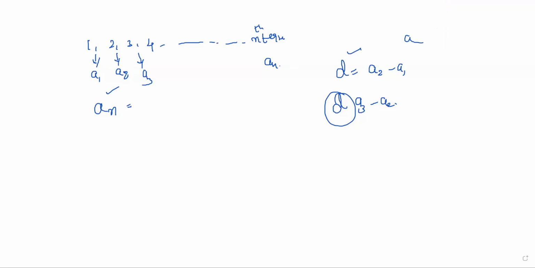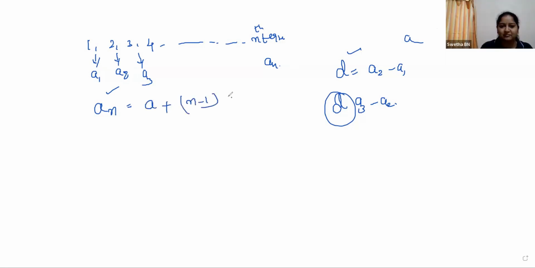AN is equal to A plus N minus 1 into D. Yes. Good, Shreya, very good. Do you remember the formula, Panchami? Yes, ma'am. Okay, now you got it, right?